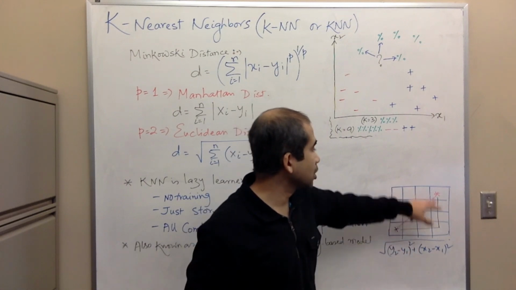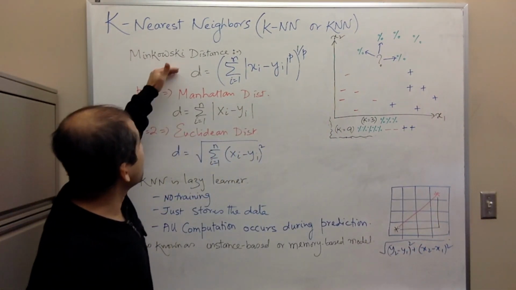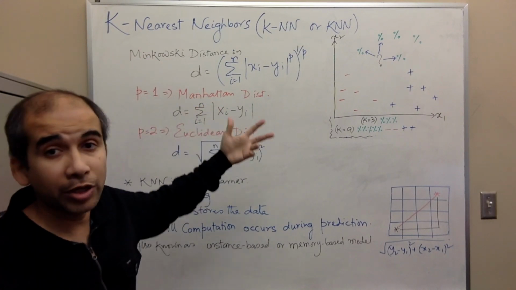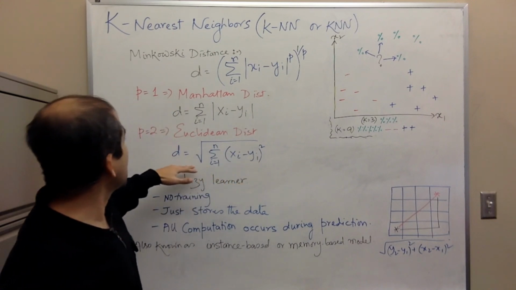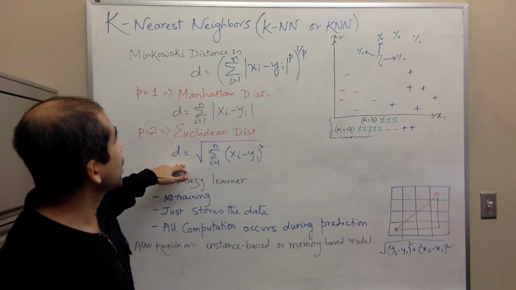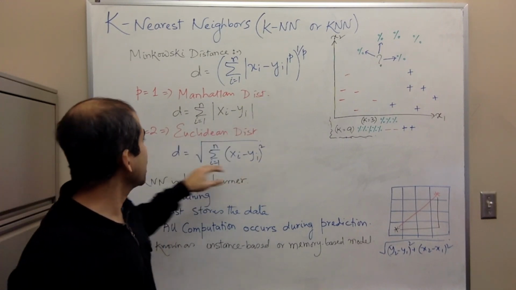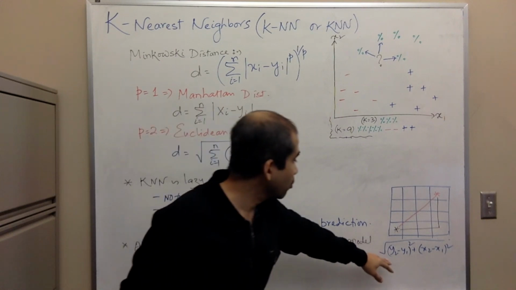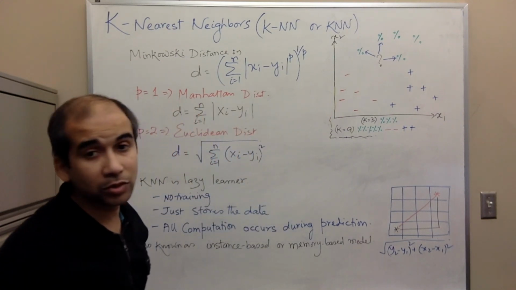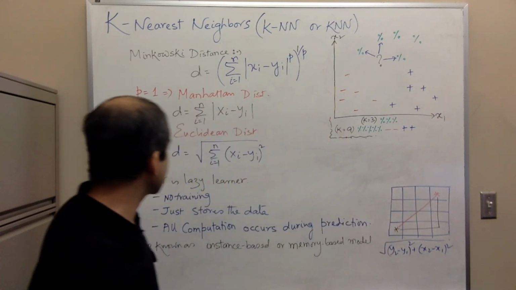This is the distance between these 2 points; the Manhattan distance is 6. But in this Minkowski distance formula, when we replace p with 2, it becomes the Euclidean distance. This becomes 1 over 2, that is the square root, and inside the square. That is, the square root of (y2 minus y1) squared plus (x2 minus x1) squared. So this is the Euclidean distance.